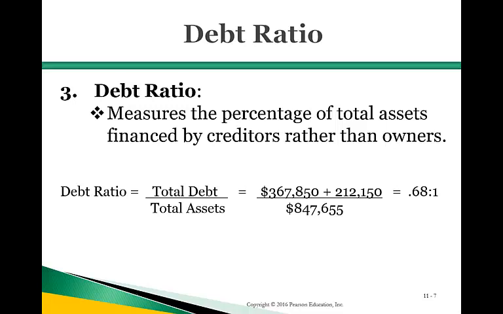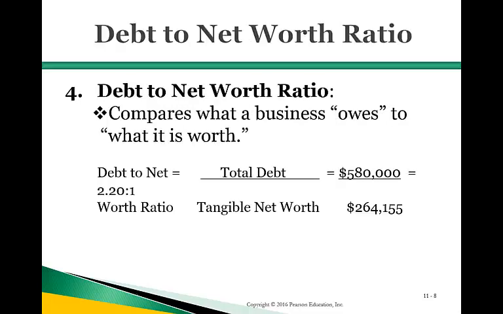So that's a high debt and a higher risk of default for the company. So the debt to net worth ratio is very similar. It compares what a business owes to what it is worth. Here we have 2.2 times debt compared to net worth. So this is a high ratio.